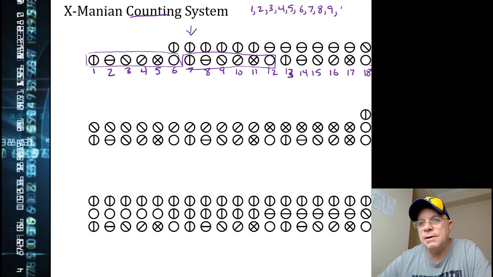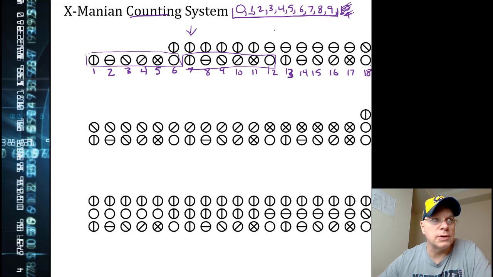Then we get to 10. This symbol we already had here, but there's an additional symbol, a 0, and that's so key. So really, our base 10 number system is 1 through 9 and the 0. And no matter how large or small a number you look at, all of the place values will be represented by one of those 10 values.